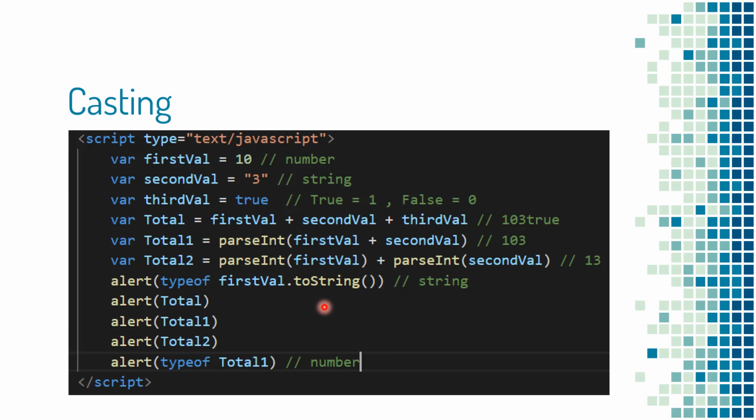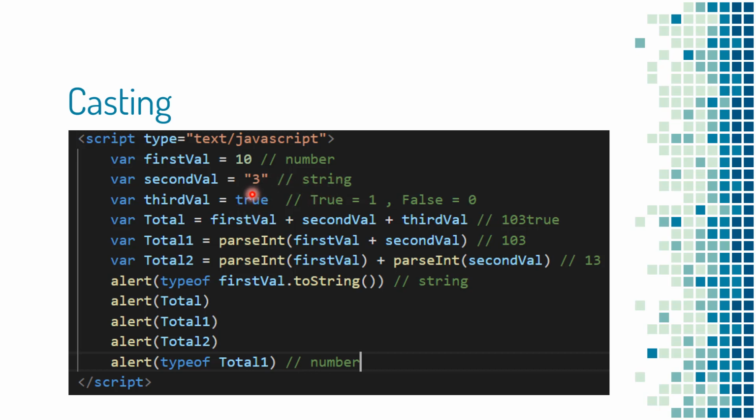For example, let's say the second variable, the interpreter will consider it as a string. But what if I want to convert this string into a number? What should I do?